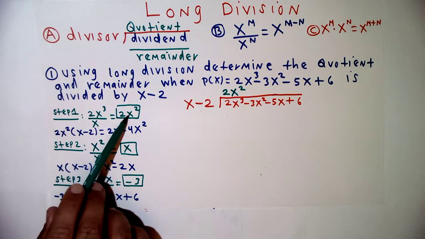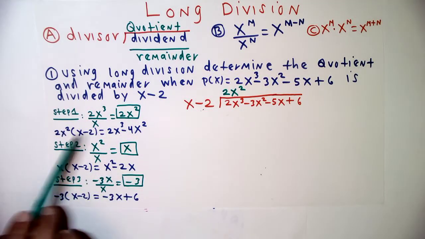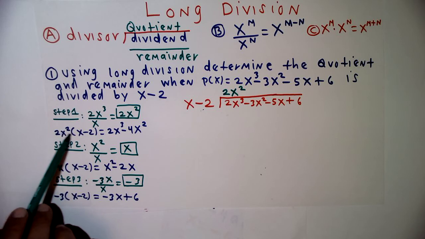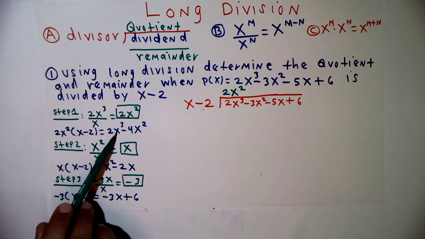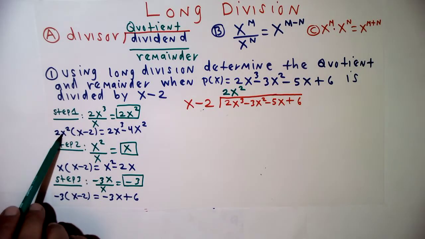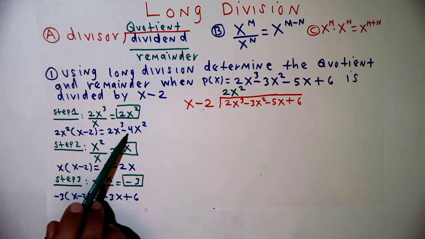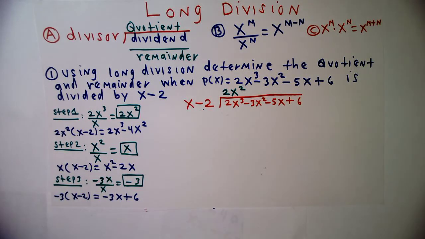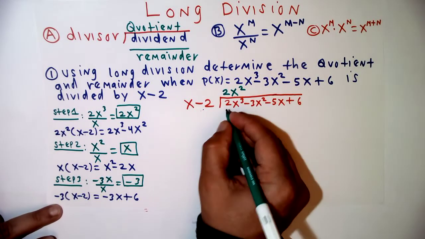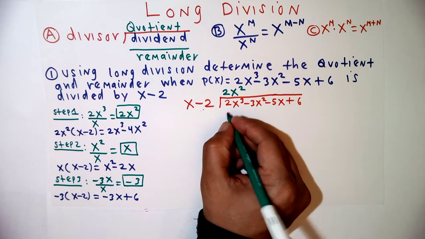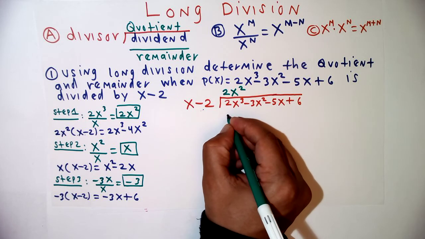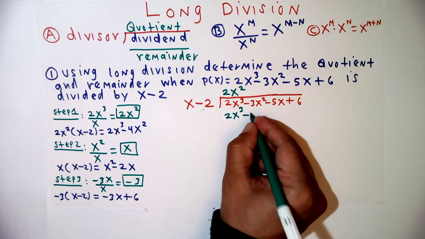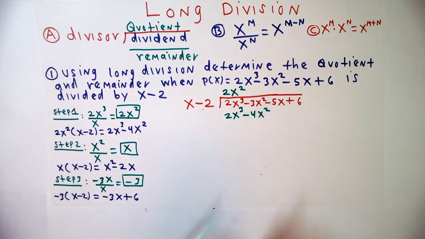So again, the answer that you get here, you multiply by the divisor here. And all you're going to do is distribute it. So 2x to the second times x is 2x to the third. 2x to the second times negative 2 is negative 4x to the second. And that's basically what you're going to write down below the dividend on the inside. So this is basically 2x to the third minus 4x to the second.